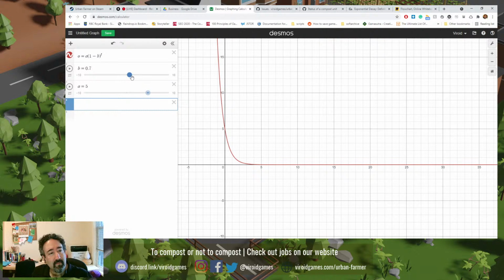And then incrementing B, or let's decrease it actually. Let's interpret that result. Let's go 0.5. This is essentially 0.5 power to t.